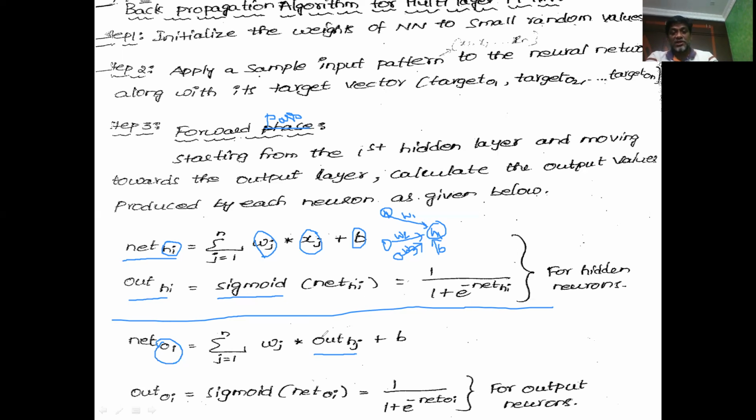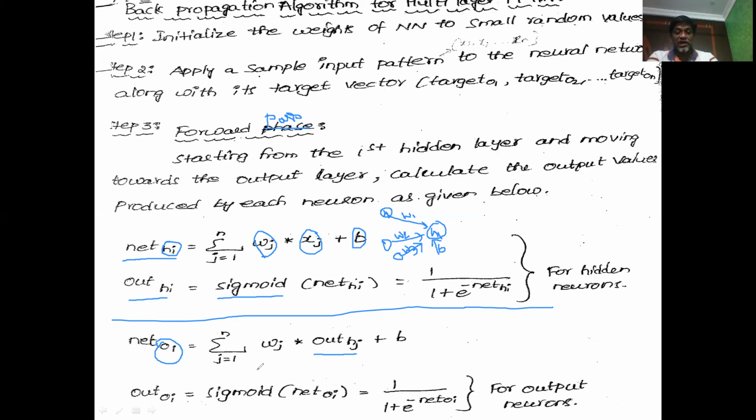In place of Xj, we are getting out Hj here. Xj is the input pattern directly supplied to the neural network model for calculating the hidden layer neurons' output, whereas the output neurons' output is calculated as out Hj into Wj, where out Hj is the output produced by the hidden neurons, plus bias. So instead of Xj, we are getting out Hj here.